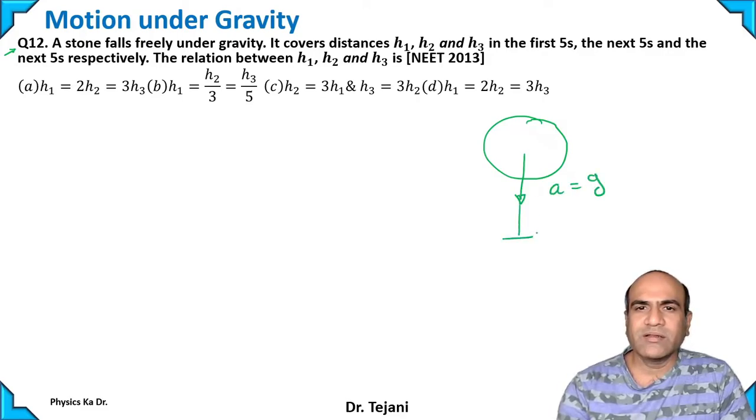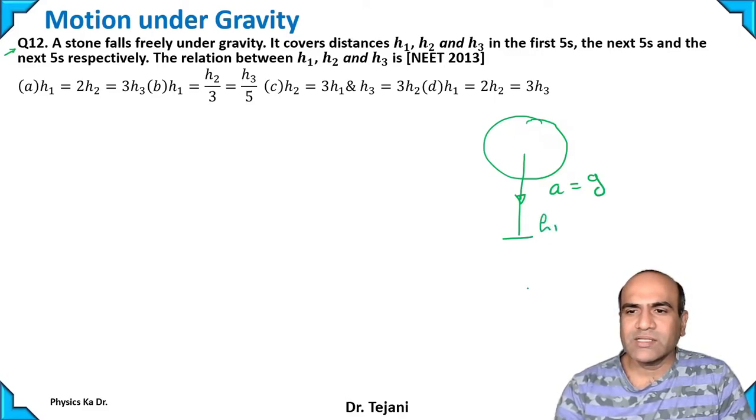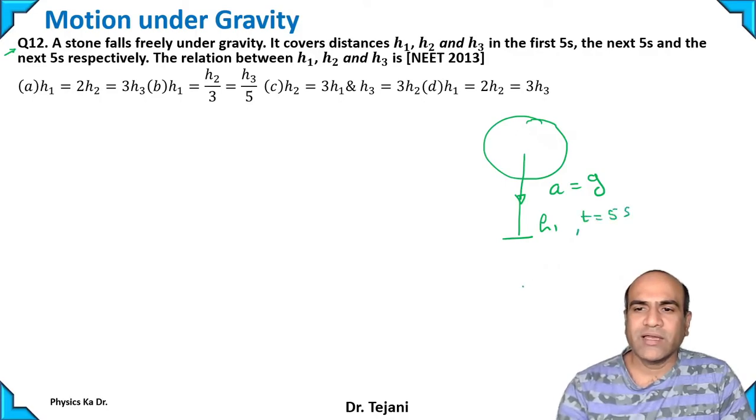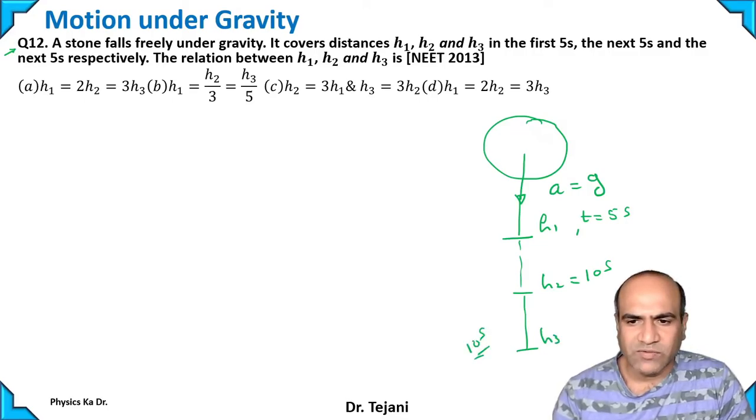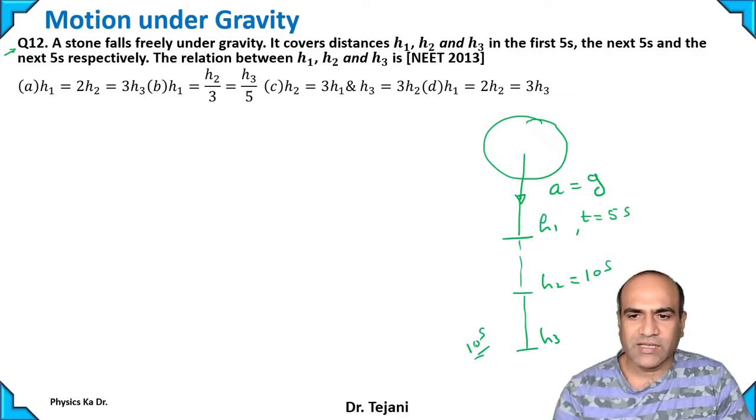It travels h1 distance in 5 seconds, then it travels h2 distance in the next 5 seconds, total 10 seconds. Then it travels h3 distance in 15 seconds.